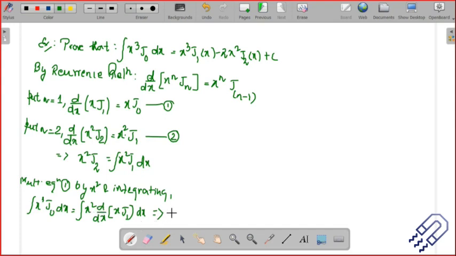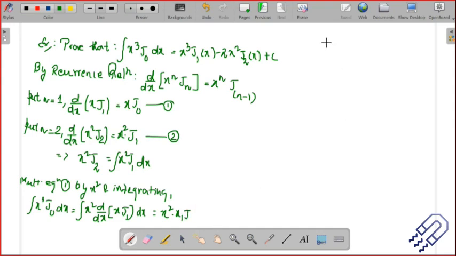Now I will do it by parts, integration by parts. So the first term, let's take x^2, and the second one I have to integrate, right? If I integrate this, dx will get cancelled, I'll get d of (x J1), so that will just remain as x J1.